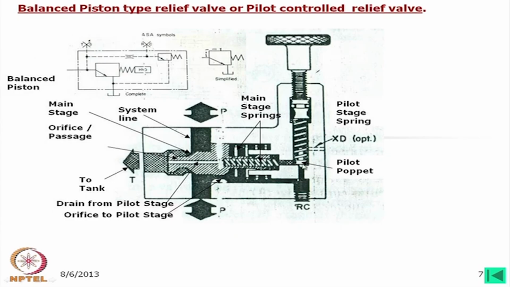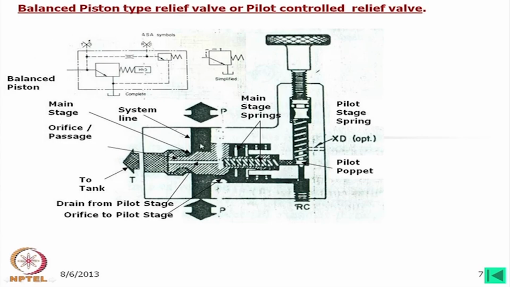Now, when this opens, then flow is coming through this. What will happen? There will be a pressure drop. Due to this pressure drop, there will be a reduction in the force this side. Remember, this side force is high, this side force is less. So this one will move inside.